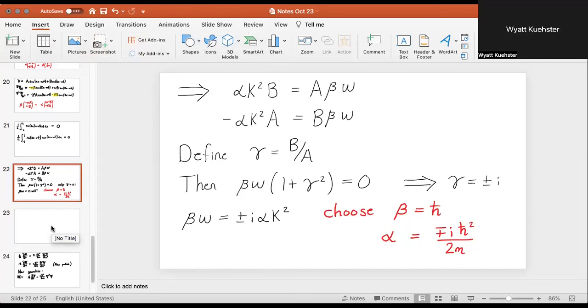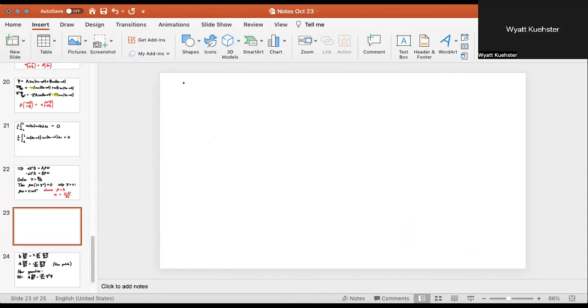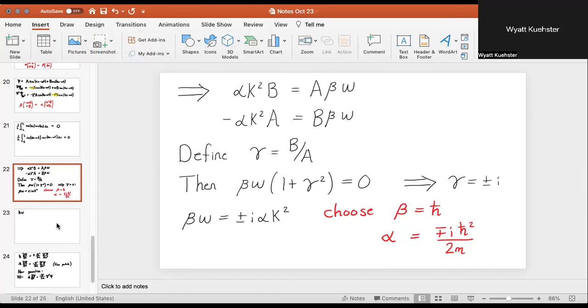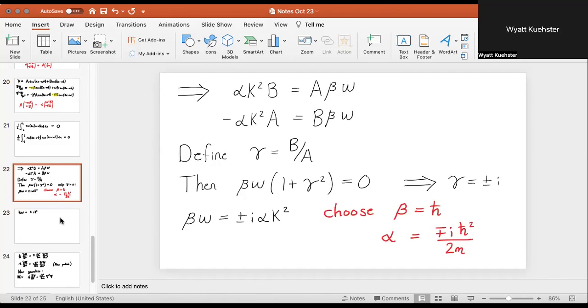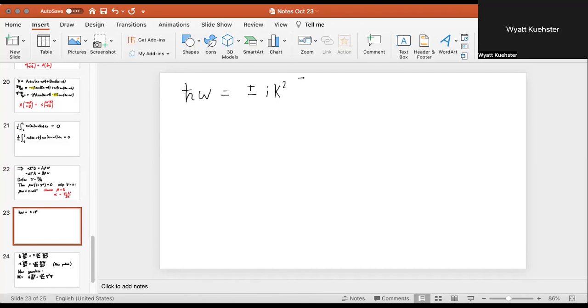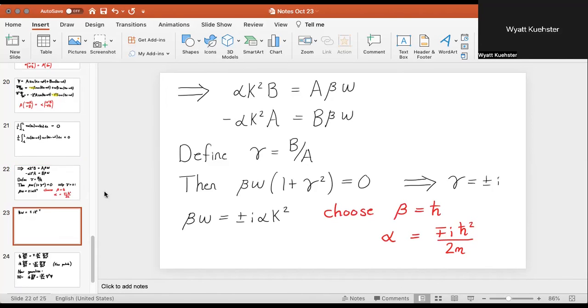Okay, so beta omega, if beta is h bar, then h bar omega should equal plus or minus i k squared times the thing we picked for alpha, which was minus or plus i h bar squared over 2m.